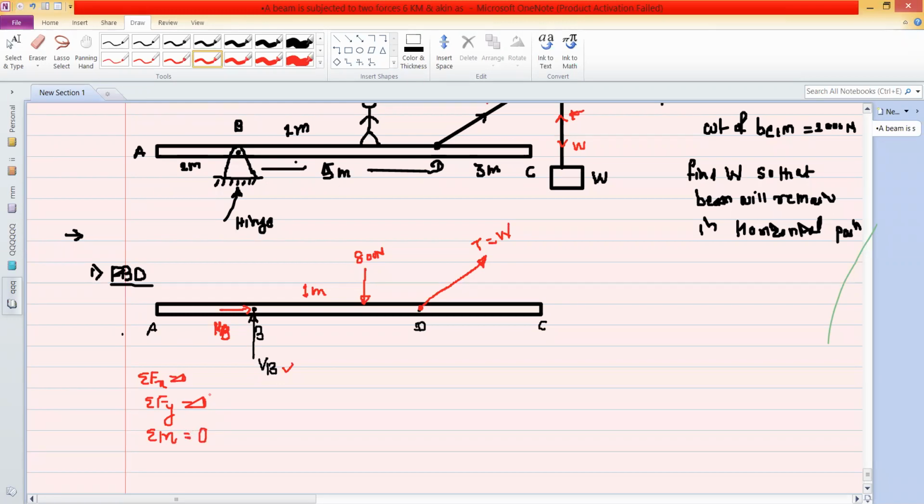So we can directly use the third equation, and take the moment about the point B, because at point B there are two unknowns. If you take the moment about the point B, then we can cancel out those two unknowns and directly get the value of tension or the weight W. To take the moment, first resolve this tension. In the question, the angle of this cable is given as 60 degree.